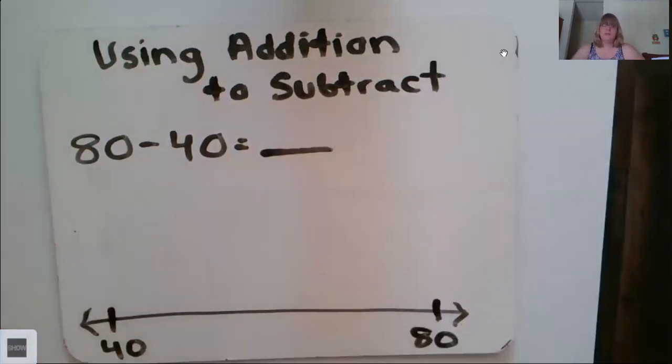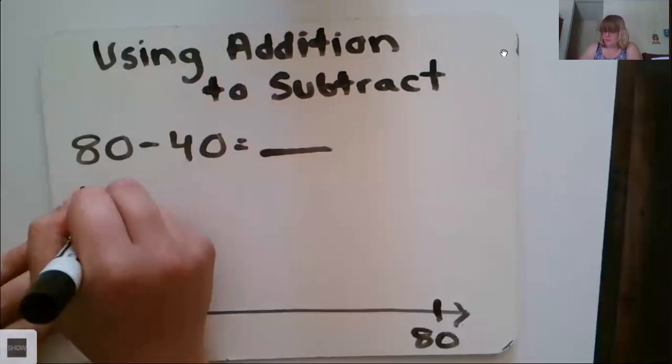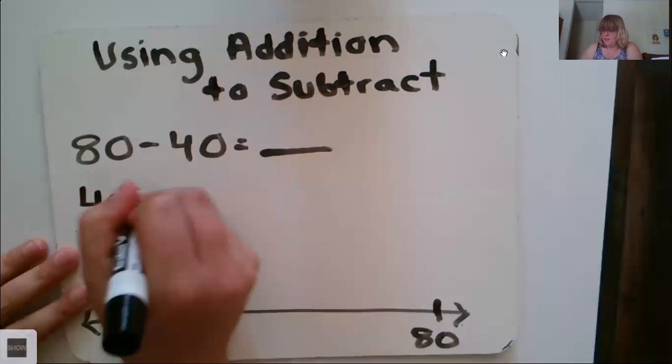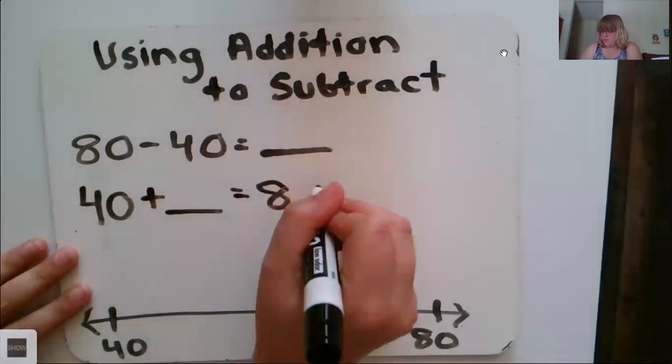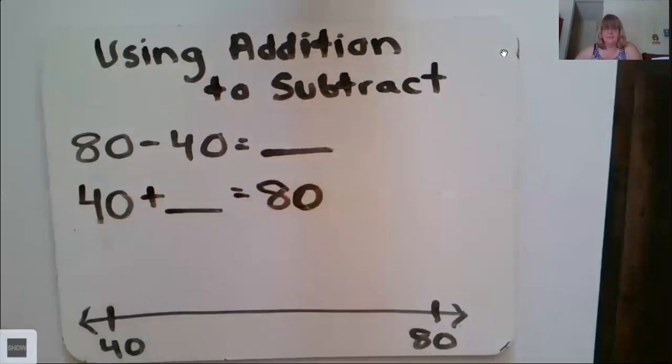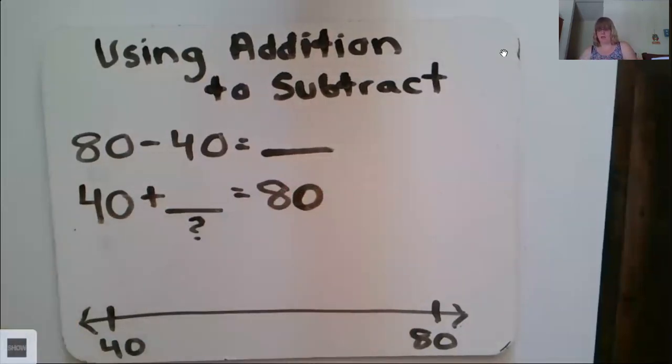So I can make a missing addend problem, and I can say that if I start at 40 and I add some mystery number, I'm going to end at 80. So now I need to find what that mystery number is. How many jumps do I have to make on my number line to get to 80?